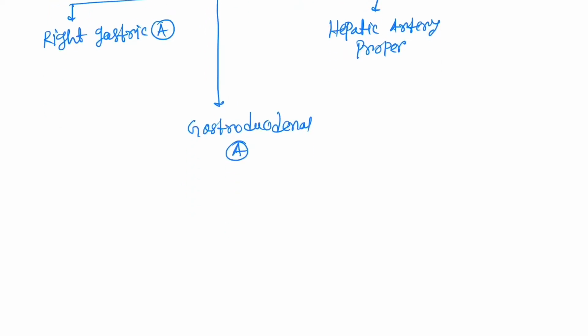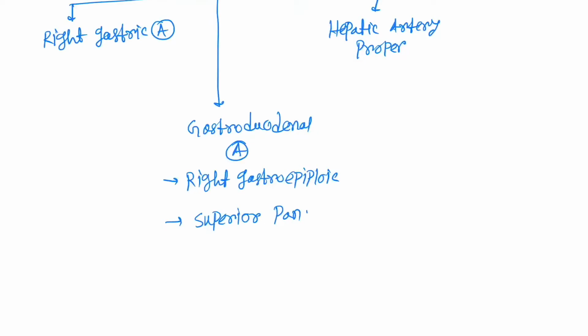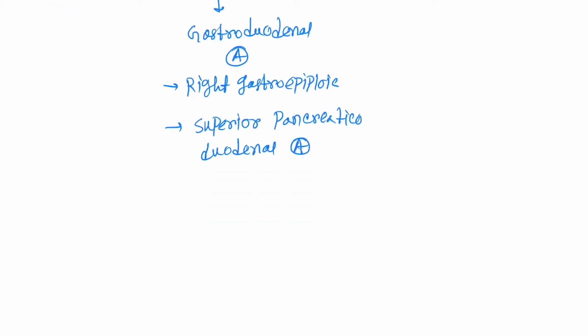Now gastroduodenal artery forms right gastroepiploic artery and superior pancreaticoduodenal artery.